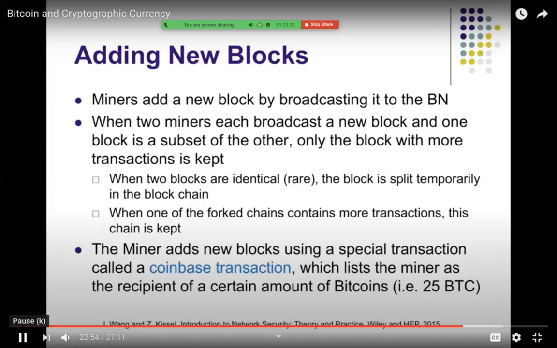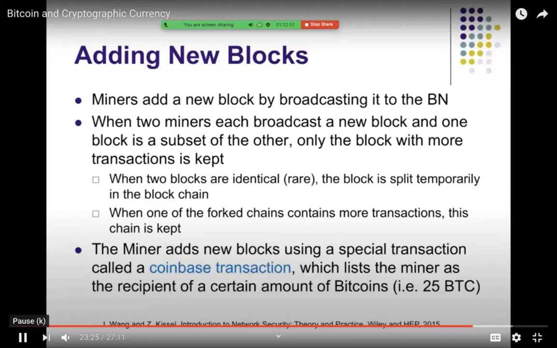But in rare cases, when two blocks are identical, which is rare but theoretically could happen, then the chain is split temporarily in the blockchain. When one of the forked chains contains more transactions, this chain is kept. This will then depend on further movement.